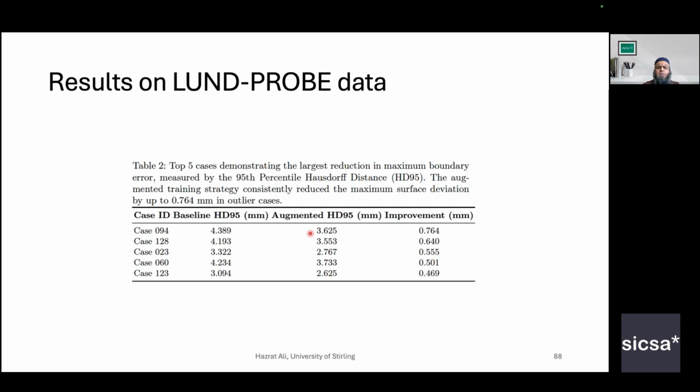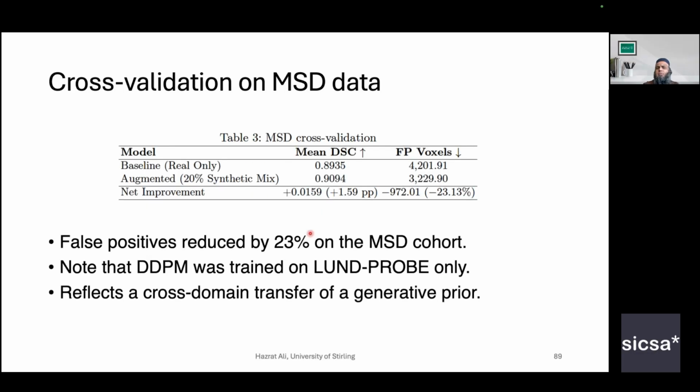We then evaluate this model, which we trained with the data generated from the diffusion model. The diffusion model used data only from the Lund-Probe dataset. It did not see any data from the MSD. Now we pick up this model and cross-validate it on the MSD data as well.